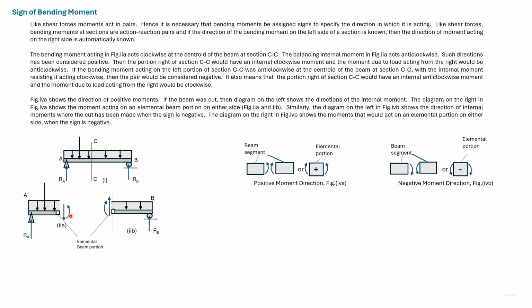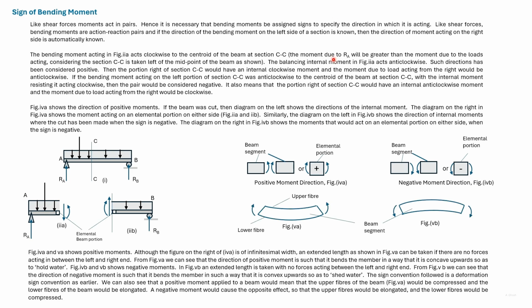Here we have the bending moment on the left side as anti-clockwise and the bending moment on the right side as clockwise. This combination is considered to be positive. So here we have two beam segments and the direction is the same as here and is considered positive. The signs can also be given using this elemental portion.